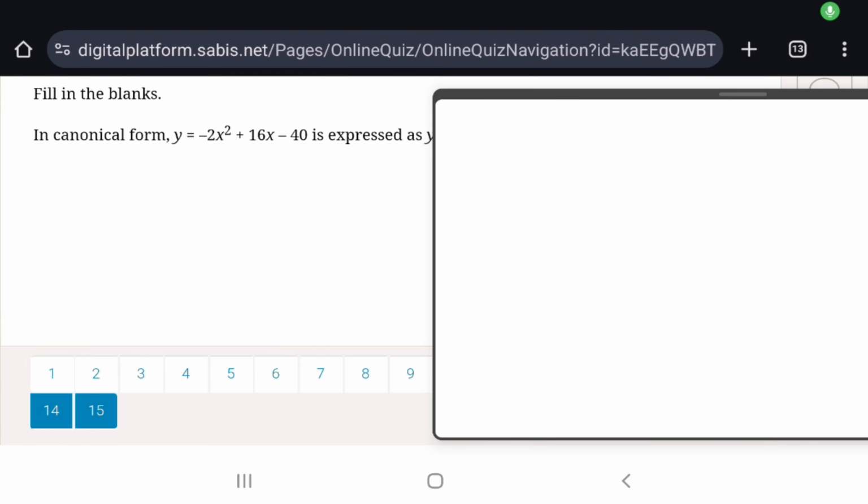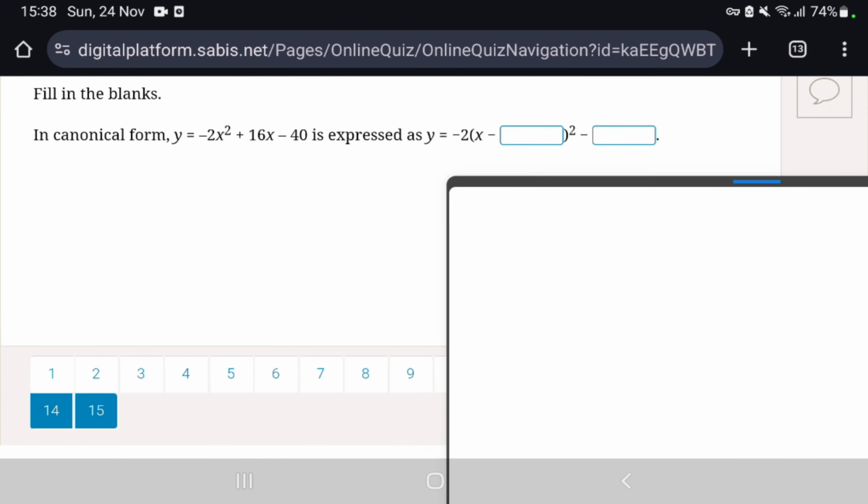That we know. Now for the first one, to get the first box, we do -16 over -4, which will give you 4.